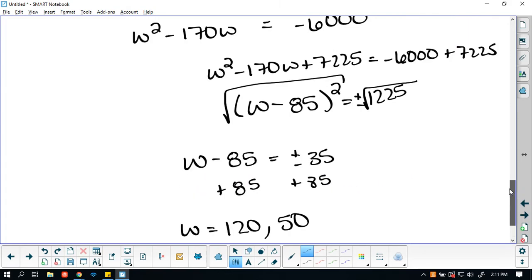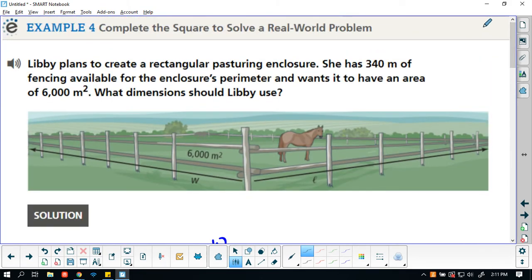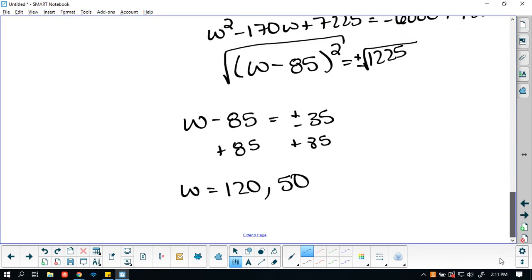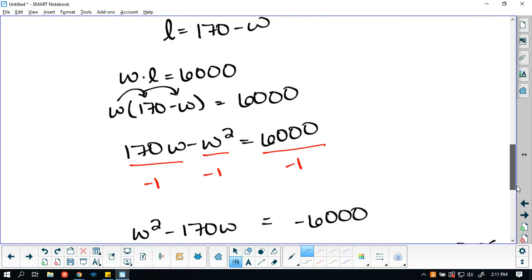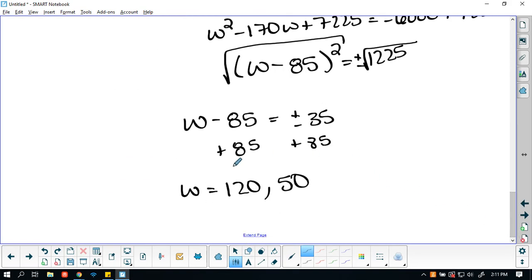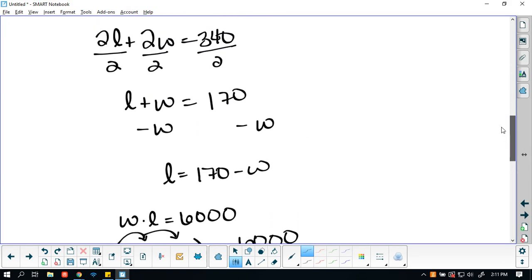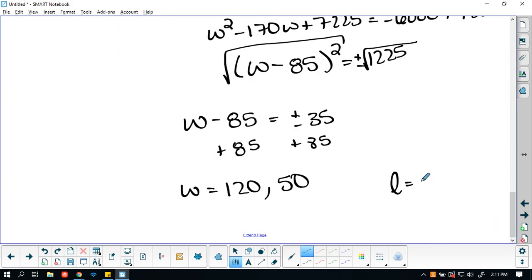Now let's go back up and look at our question. It says, what dimensions should Libby use? And remember, this is for our width. Now we have to figure out our lengths from this. If I remember correctly, length equaled 170 minus width.